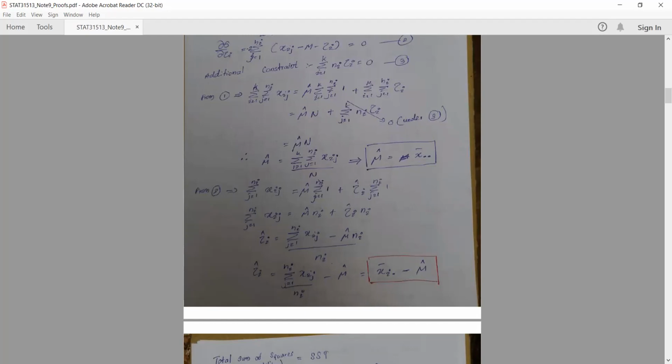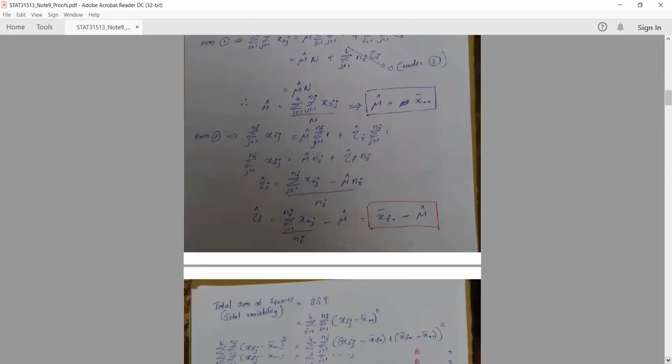So this is how we can use the least square estimators in order to estimate the parameters in the completely randomized design. This is for the treatment effect model, but when it comes to the treatment mean model, we know we have only one parameter, mu I, and mu I is equal to mu plus tau I. So if you know the estimators for mu and tau I, we can easily find the mu I value.